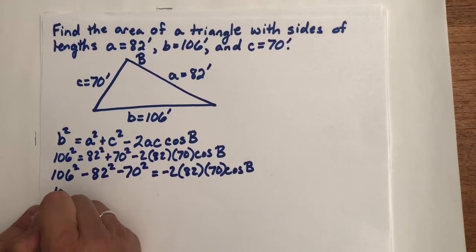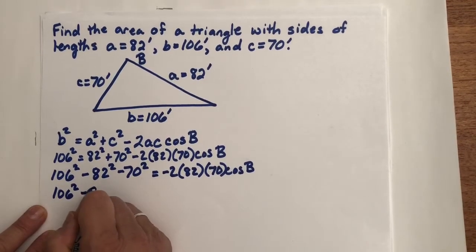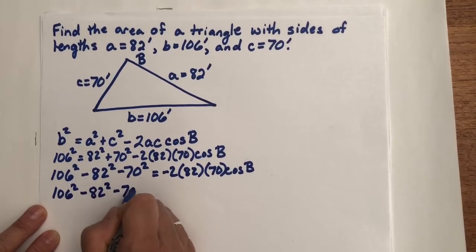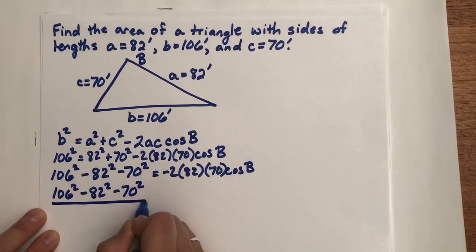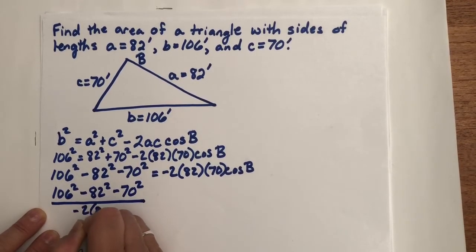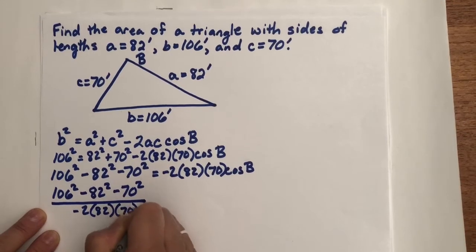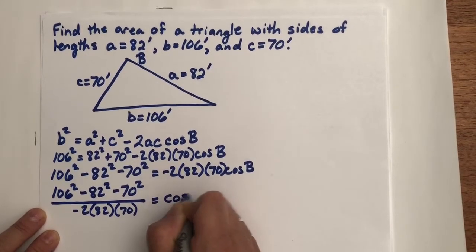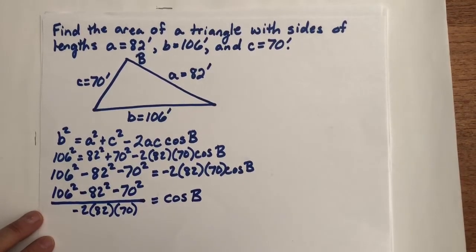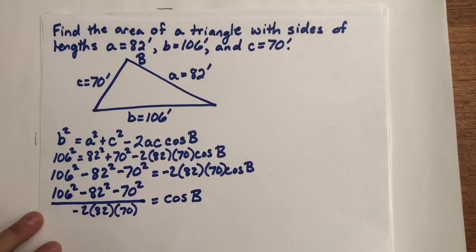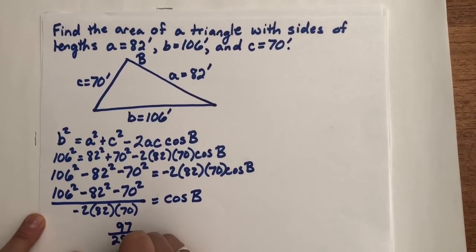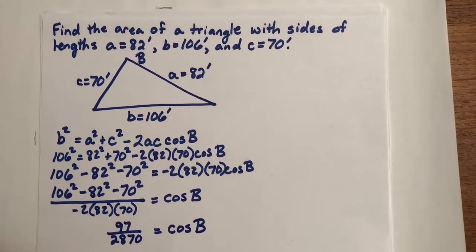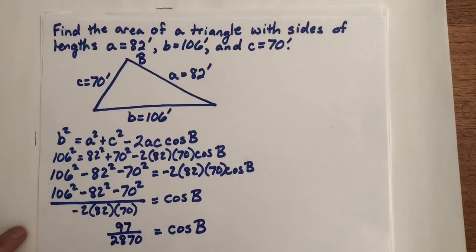So we'll have 106 squared minus 82 squared minus 70 squared, divided by negative 2 times 82 times 70, equals the cosine of B. Let's simplify this on the left-hand side. You could grab a calculator and do that. You'll find that you get 97 over 2,870. I already did the arithmetic, so we wouldn't need to take time to do that.